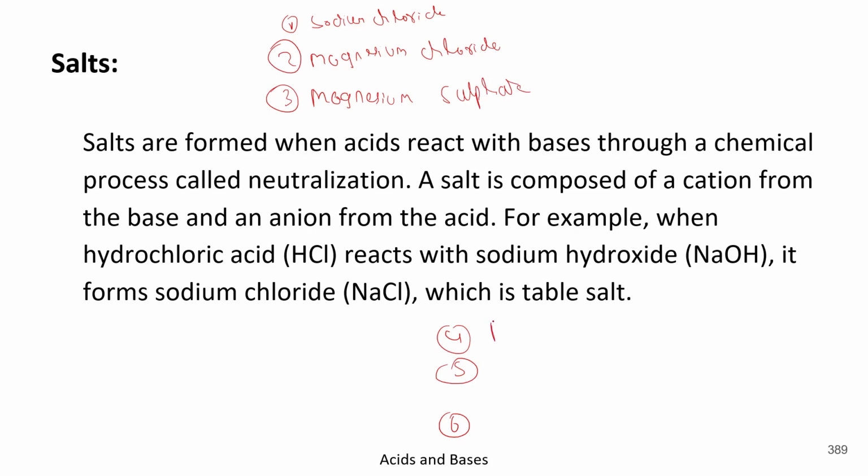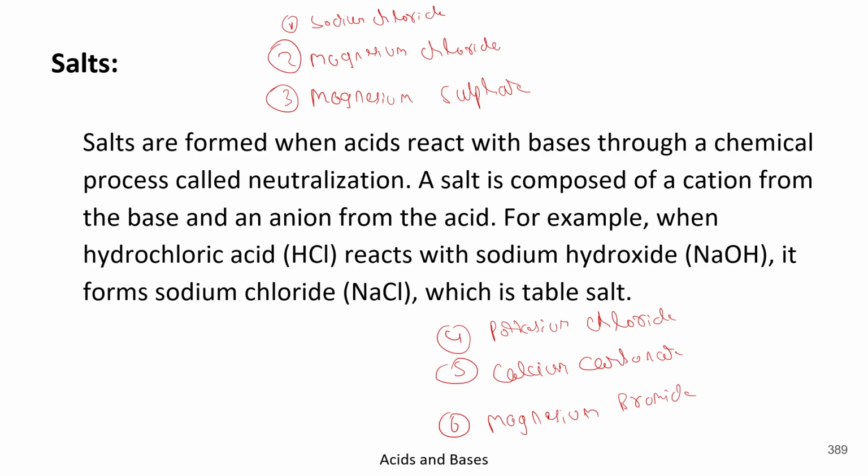Fourth one is potassium chloride. Fifth one is calcium carbonate. Sixth one is magnesium bromide. So basically these are the 6 types of salts which we find in oceanic water.